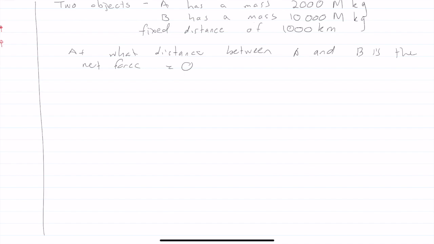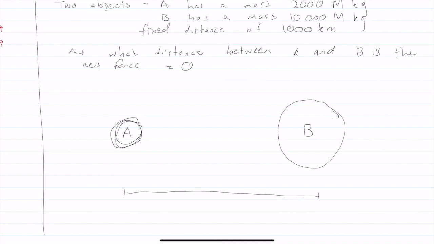Obviously A is smaller than B, so I'm going to draw A as smaller, and B, which is bigger. We know that their center distance is going to be 1000 times 10 to the 3 meters. I'm moving this to SI units.